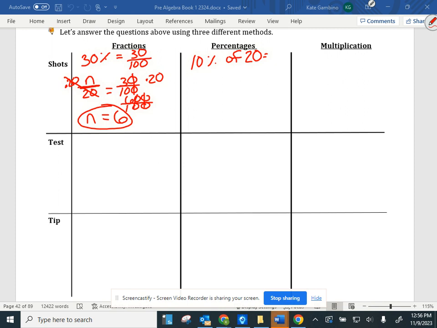Kaylin? Wait, are you asking like what's 10% of 20? 2? 2. Okay, so if we know 10% is 2, how many percent did they make? She made 30%, so we have to times by 3 to get up to that 30% that she made. So if I multiply my percentage by 3, what do I need to multiply this by? 3.